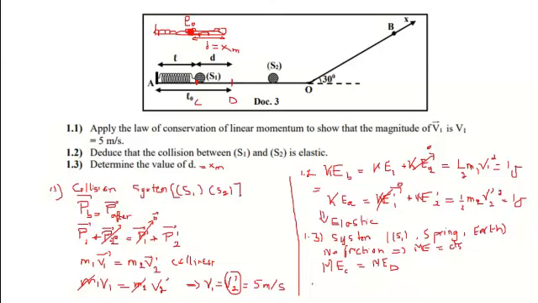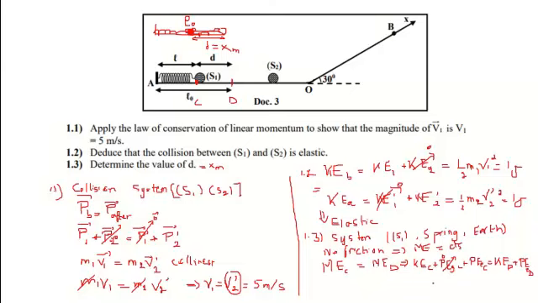So ME at the point C is KE C plus PEG at the point C plus PEE at the point C, and this is equal to KE at the point D plus PEE at the point D. Now the PEG is 0, so I won't write it. And PEG at the point C is 0 since it's on the reference, there's no height.